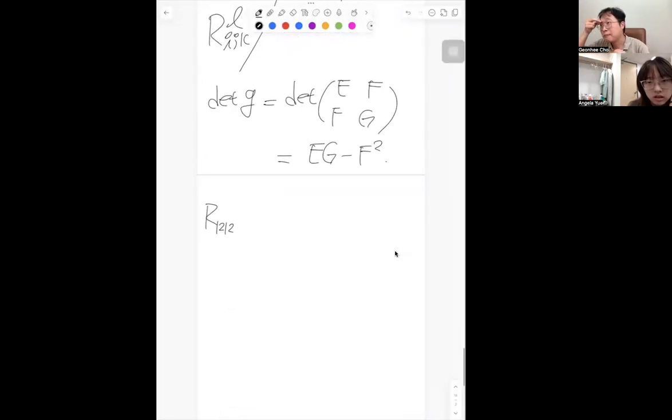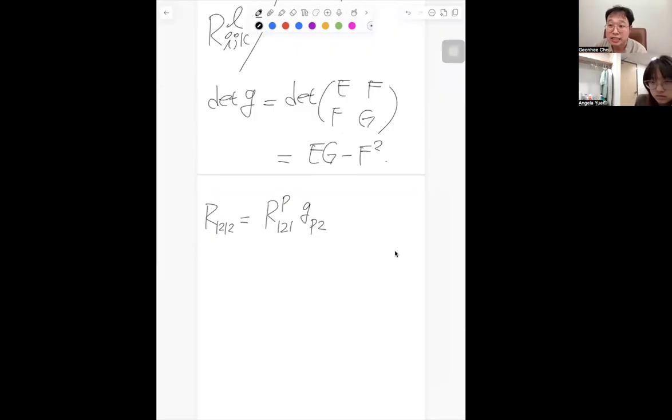If I copy it with the indices 1, 2, 1, 2, because this is all we need for the computation of Gaussian curvature, then this equals R sub 1, 2, 1, P, G sub P, 2. That's the meaning. I just copied from the formula that I showed you.